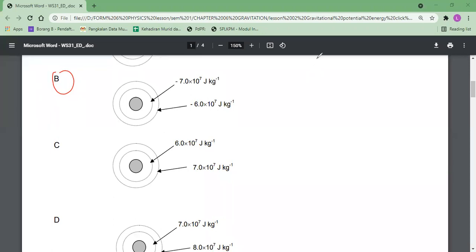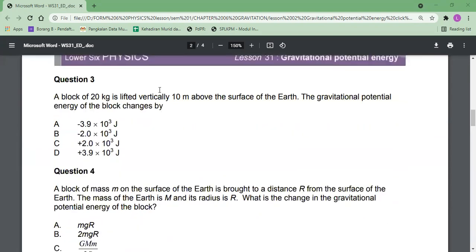Okay, next. Let's go to question number 3. A block of 20 kg is lifted vertically 10 meters above the surface of the Earth.